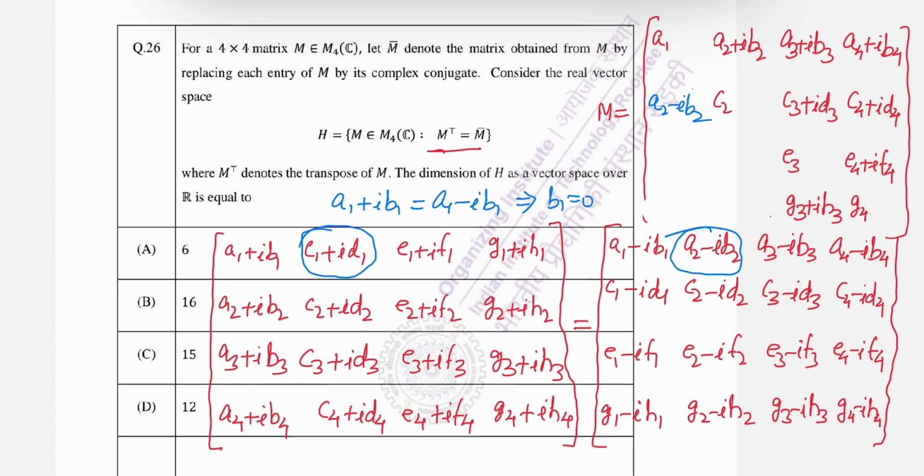Here will be A3 minus iota B3, here will be A4 minus iota B4, and here will be C3 minus iota D3, and here will be C4 minus iota D4, and here also this will change, and here will be E4 minus iota F4.